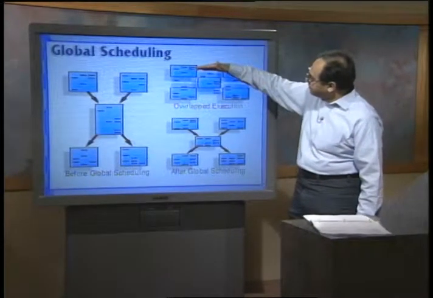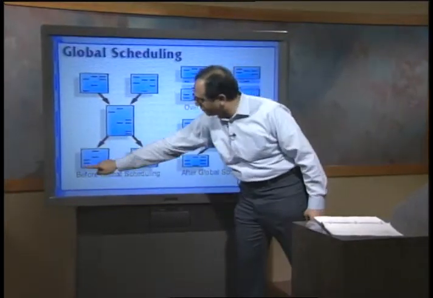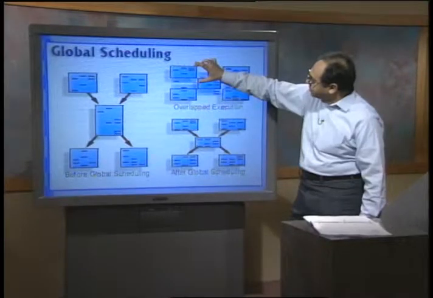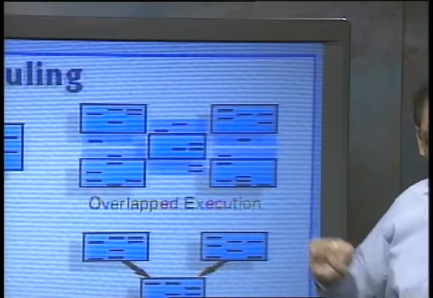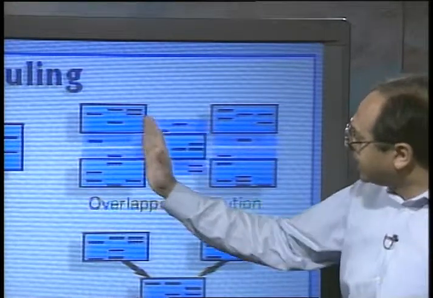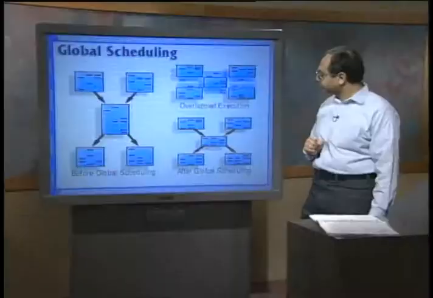And what we have here now is, assuming flow of control went this way, we would have this basic block overlapped with this basic block, which in turn is overlapped with this basic block. And so we'd be getting some amount of parallelism between, in this case, two basic blocks at a time.